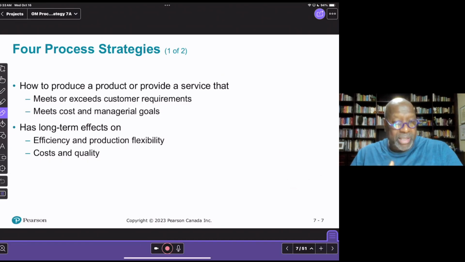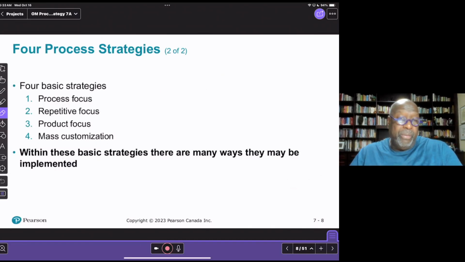And your processes will have to be appropriately aligned to allow you to achieve that. All right? There are long-term effects on efficiency, production flexibility, cost and quality as well. So these are some of the implications of your process choices.